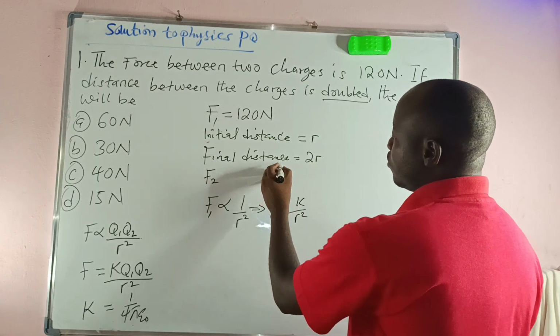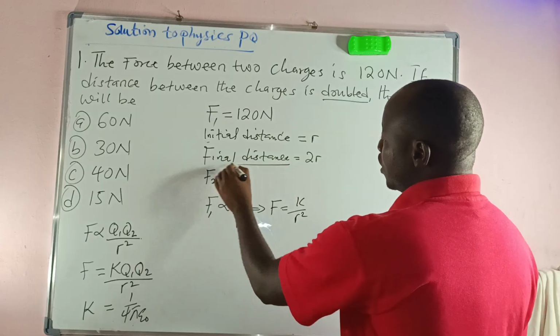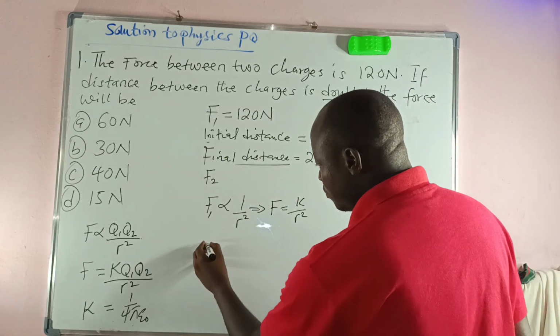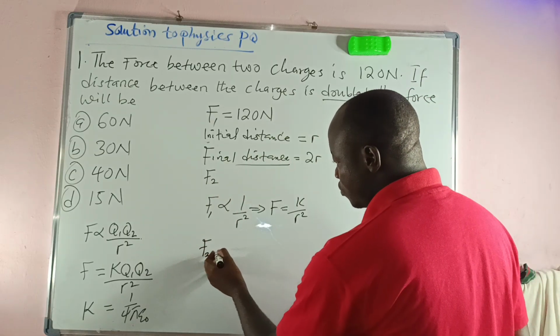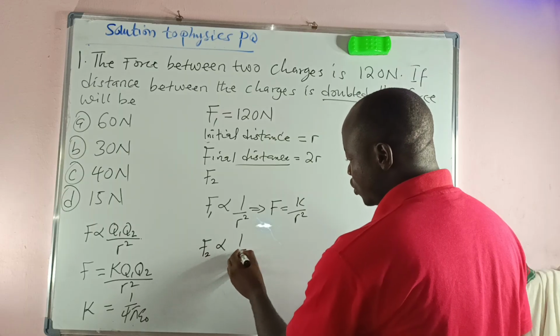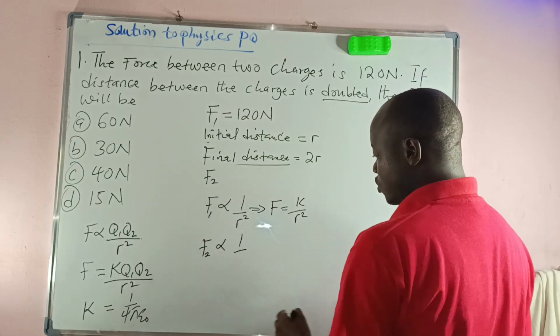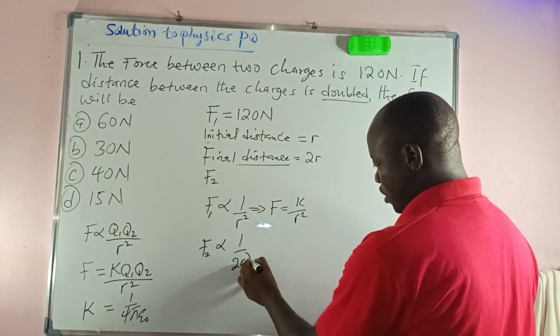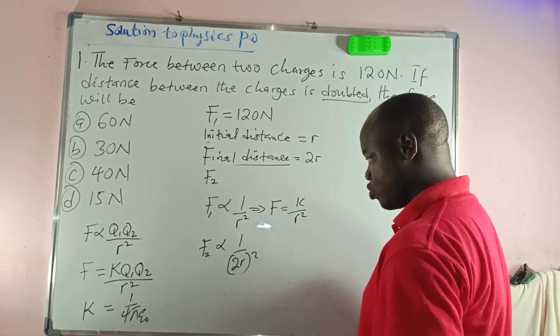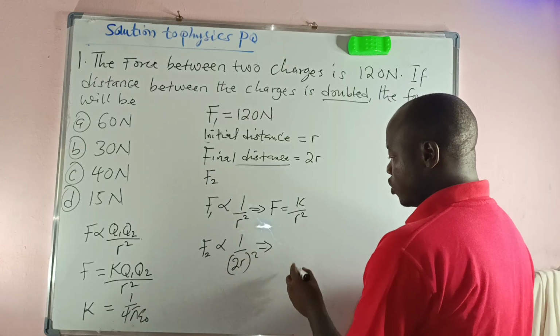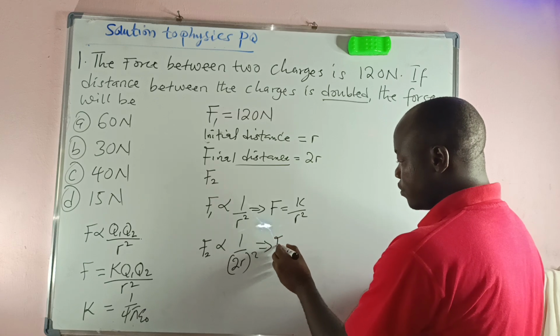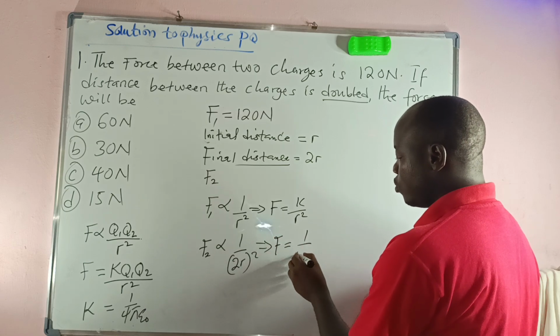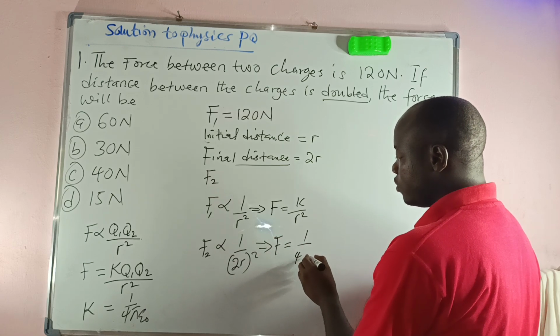And of course, after some time, the distance is doubled. So we are going to have F2 directly proportional to 1 over 2r, then everything squared.